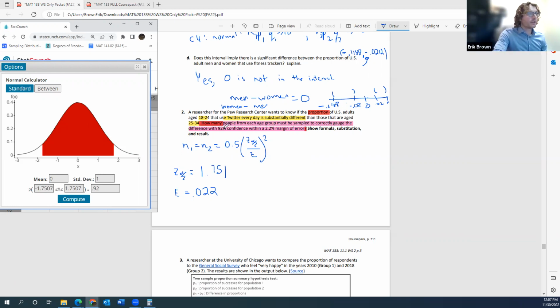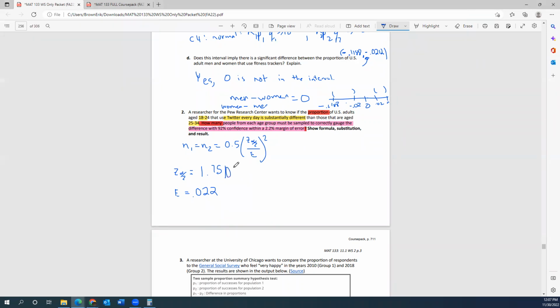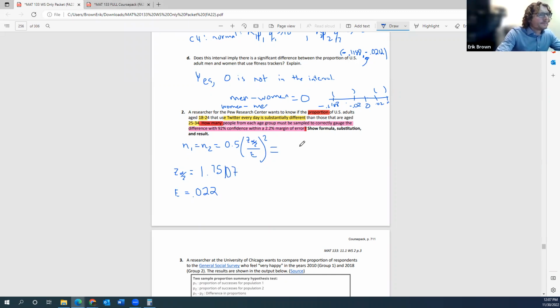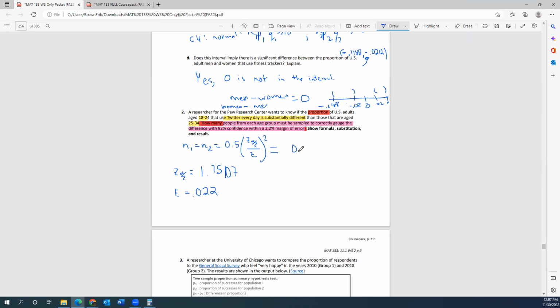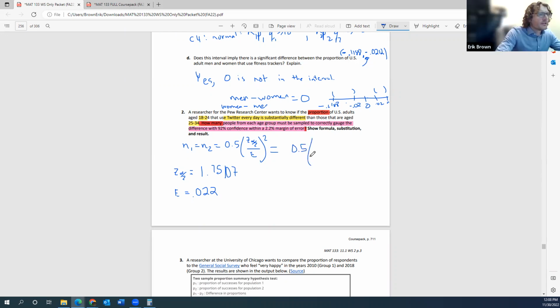Is everyone clear that we had to use the 92% with the between? Yeah, that's what I did too. I just used the whole thing, so I might have gotten a slightly different answer. Perfect. As long as you're writing down what you used, you're good.